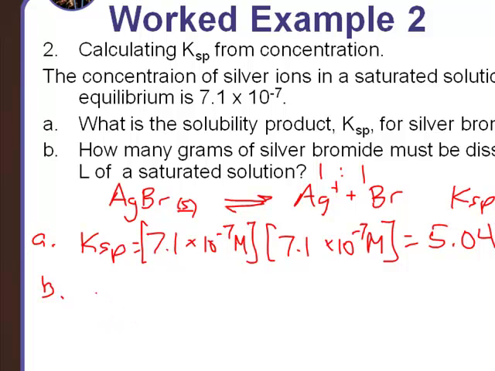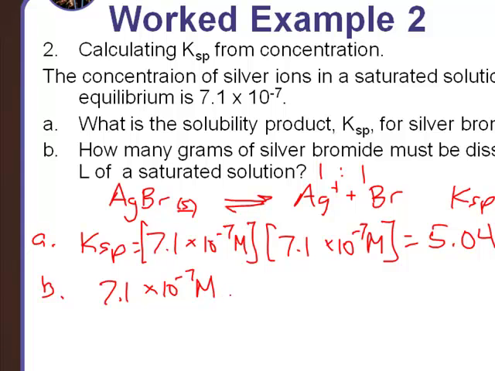So the concentration of a saturated solution would be 7.1 times 10 to the negative 7th molarity. Each mole of silver ions in solution means that 1 mole of silver bromide was dissolved. Therefore, 7.1 times 10 to the negative 7th moles of silver bromide was dissolved to give the same concentration of the silver. So that means this is the concentration of the silver bromide.